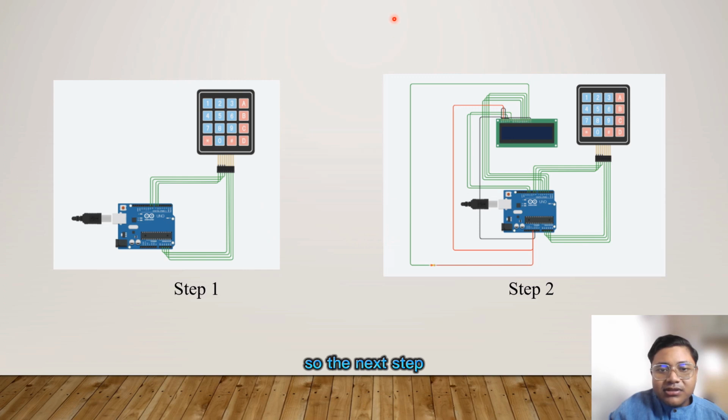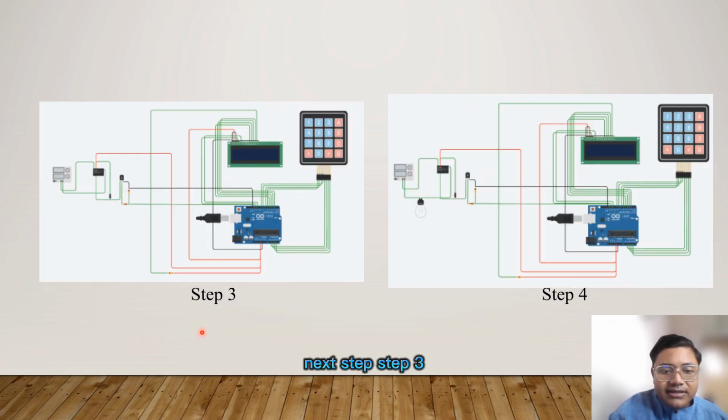So the next step, step 2, we only have to add LCD into the circuit. Next step, step 3, we have to add power supply, relay SPDT, diode, and NPN transistor to the circuit.